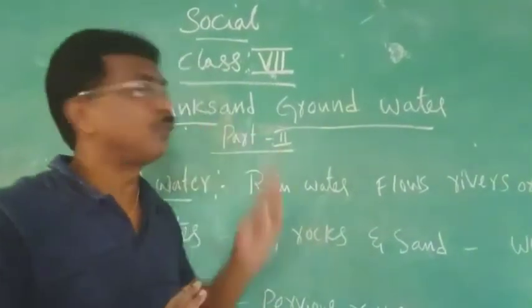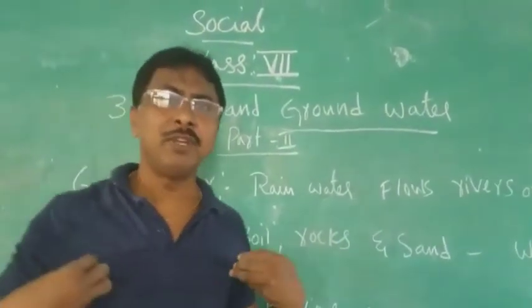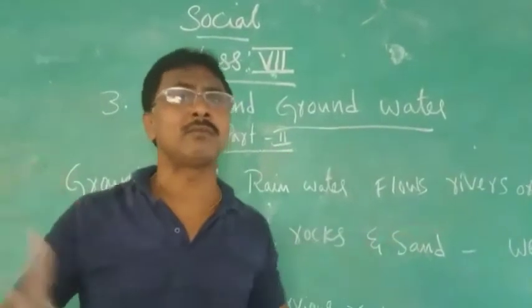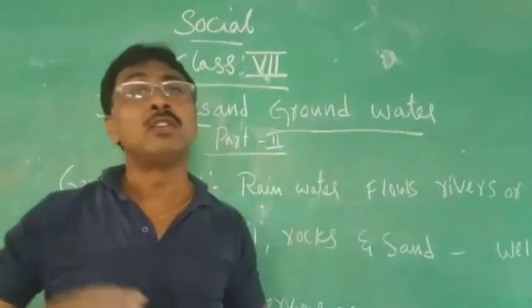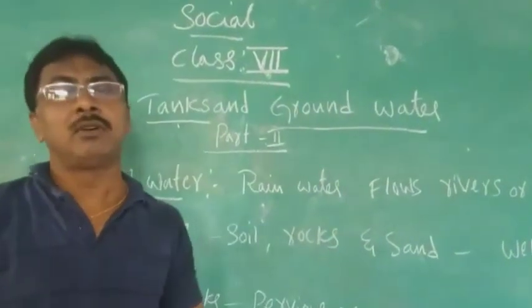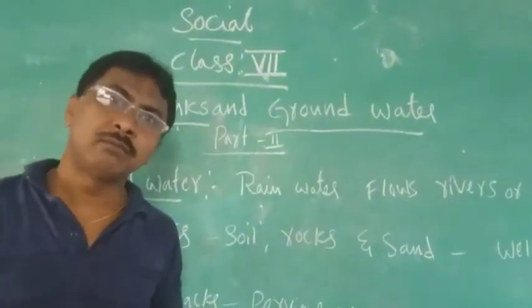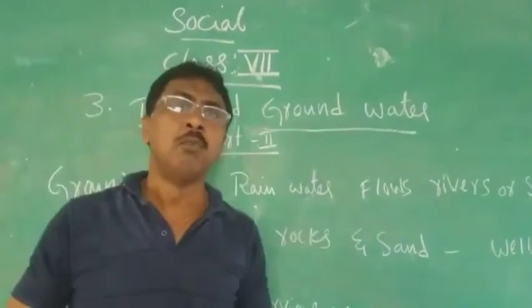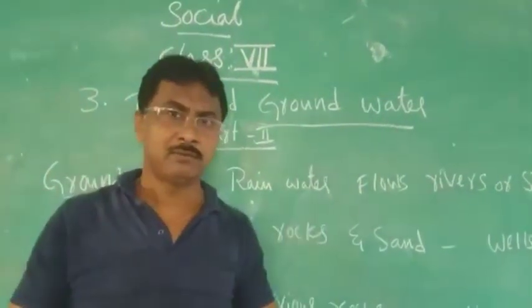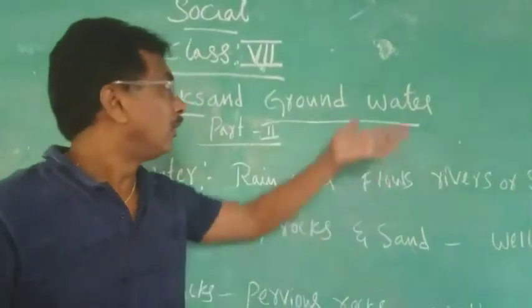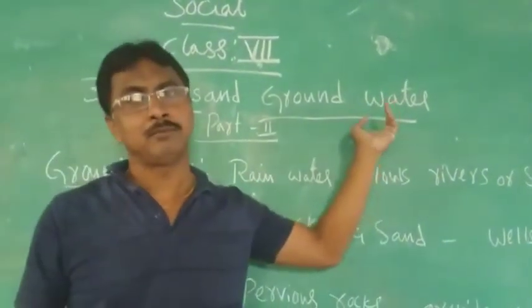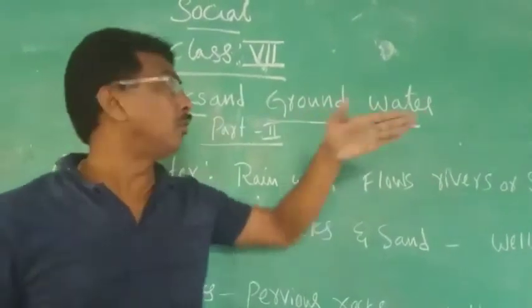In the previous class we discussed rain, but we use water for near about 12 months. We are extracting more than the recharge. We are extracting a lot of water, so to save the water you should know about this.